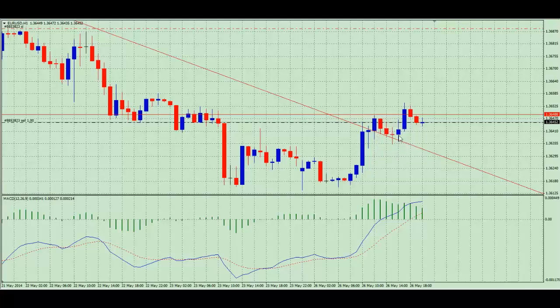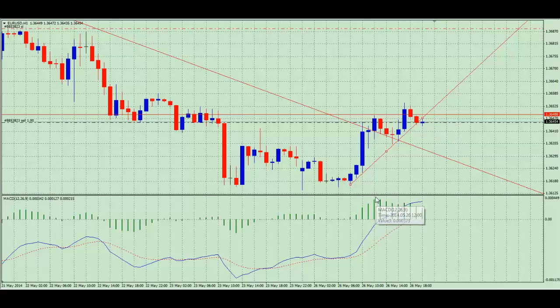However, unfortunately it did turn again and go back against me. So we have a higher high that's been formed, so it's still showing it's in an uptrend. However, if we plot a trend line from the lows to the lows, like this, we can see that this upward trend has been broken. So that's a positive sign.